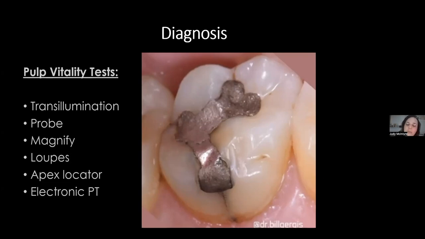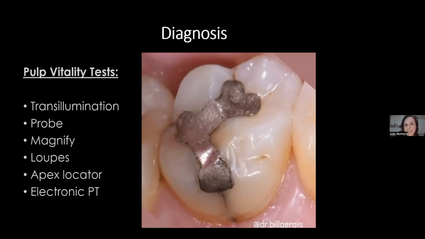But the transillumination is going to show me the extent of the cracks within the crown. I'll touch more upon this later. So if you're not using transillumination, I would highly encourage you to start. And again, I'll go into this a little bit further as we go on.